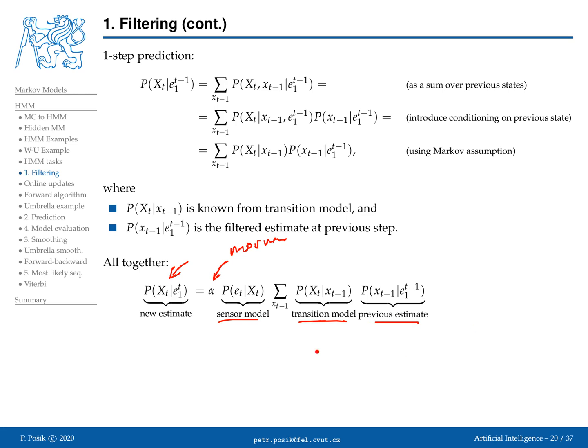This is a quite nice equation that allows you to filter sequentially, as the observations arrive, your belief in the state of hidden variables.